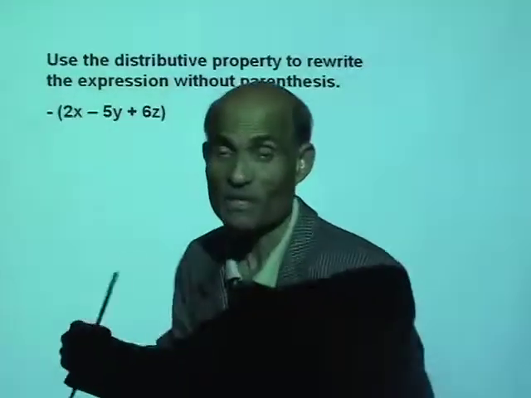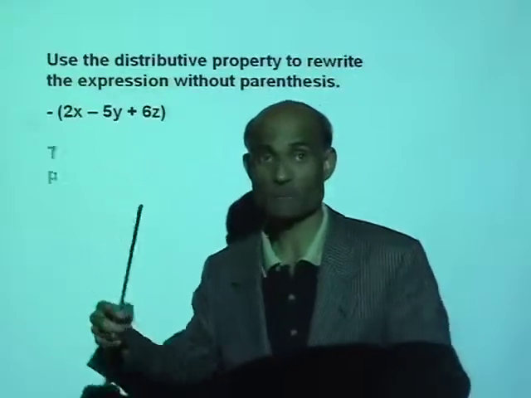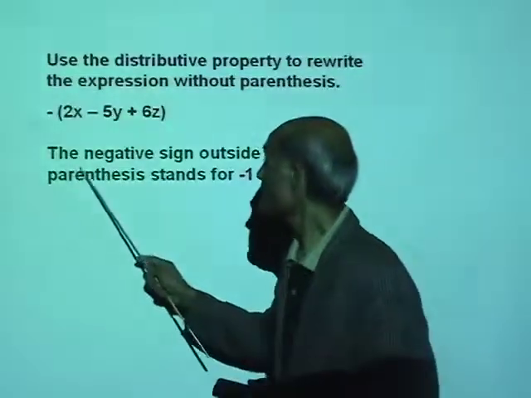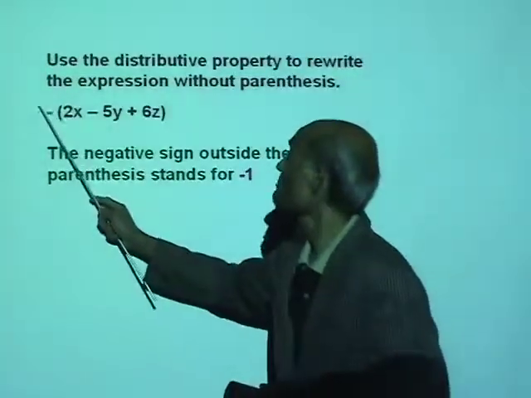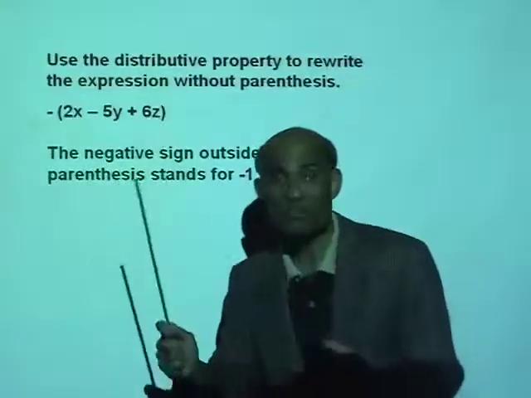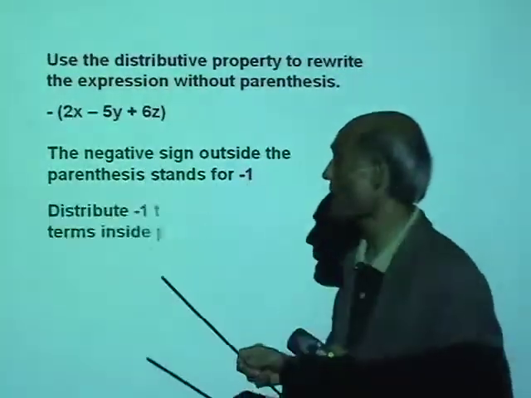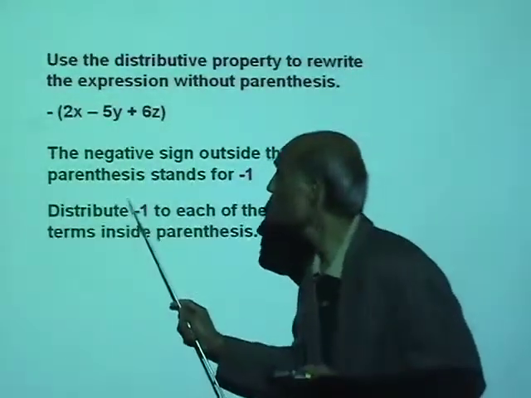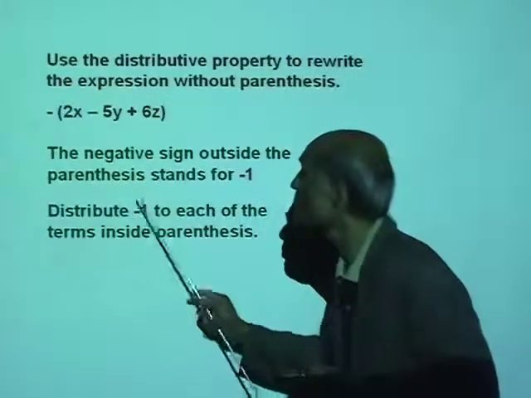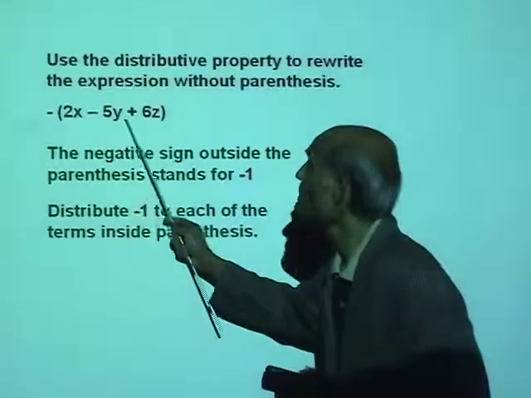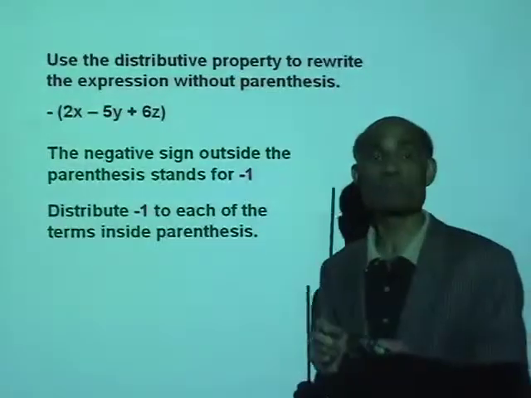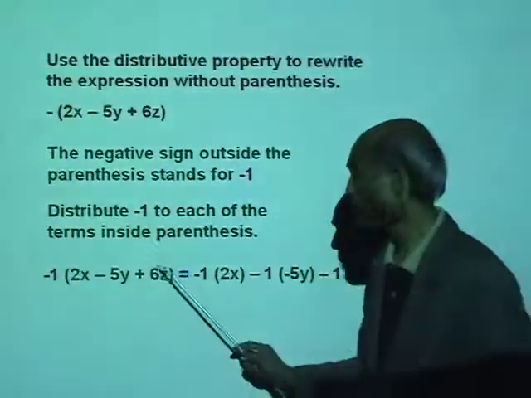Alright, let's do that. So far we were doing it mentally. The negative sign outside the parenthesis stands for a negative 1. So we need to distribute that negative 1 to each of the terms inside the parentheses. That's the meaning. So watch this.